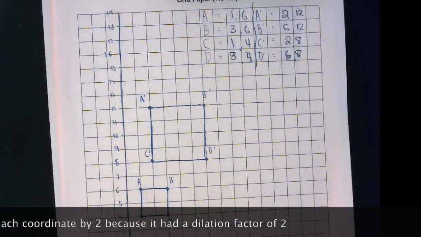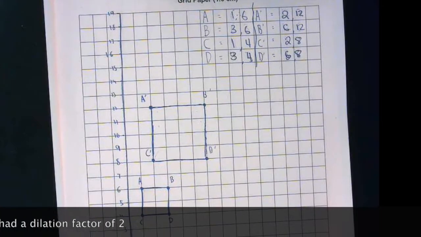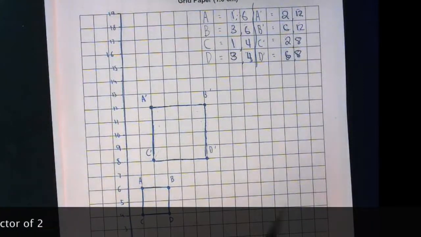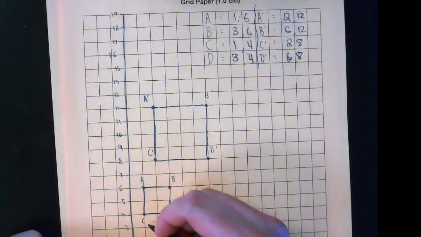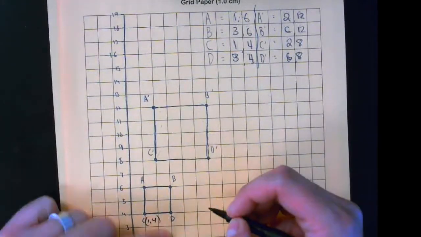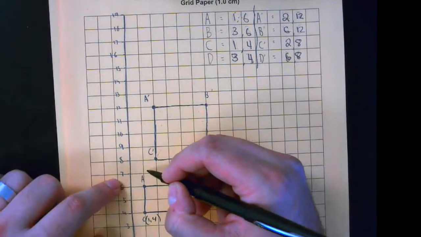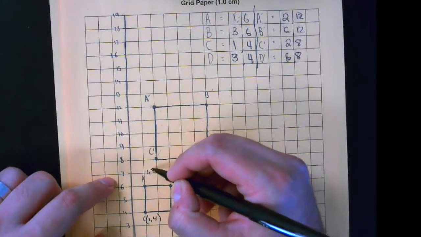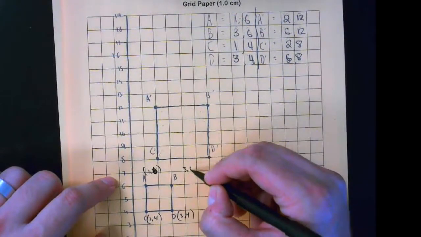So let's actually plot your points right now, just so we can have more of a visual reference here. So point C is 1, 4. D is 3, 4. 1, 7. No, sorry, 1, 6. And 3, 6.